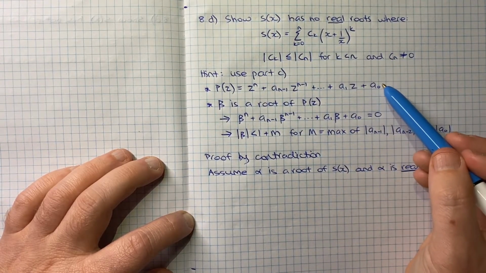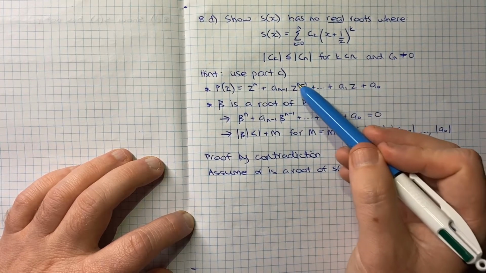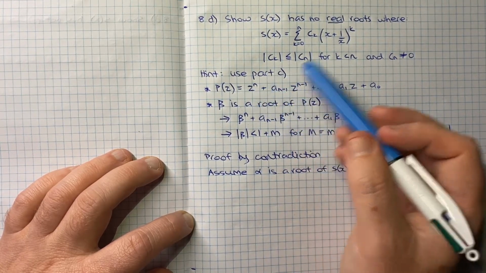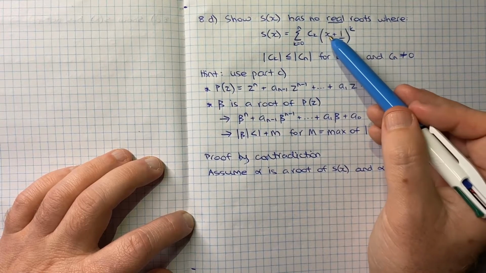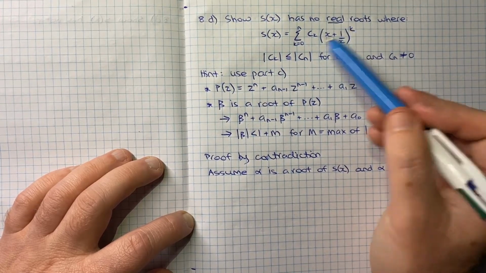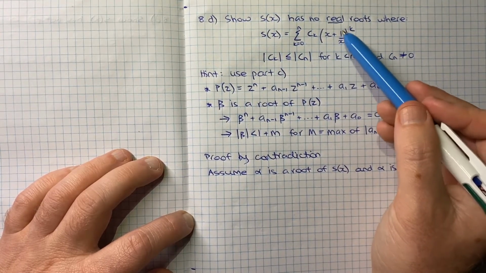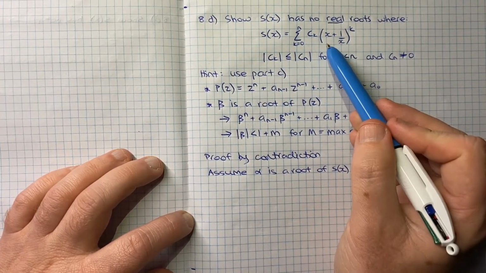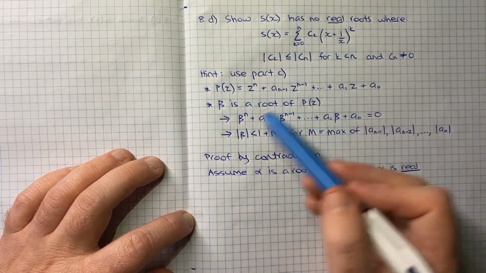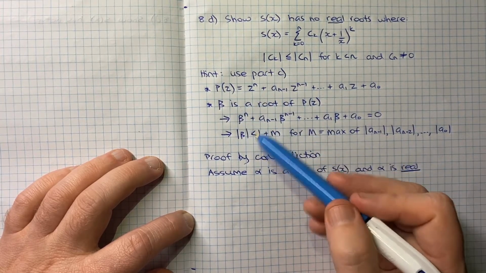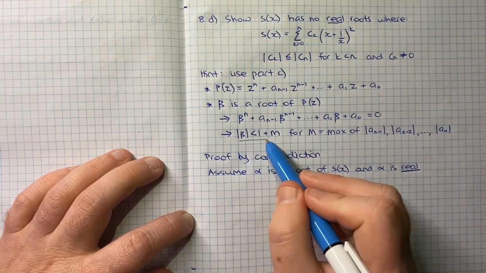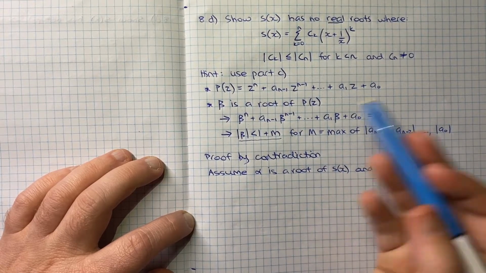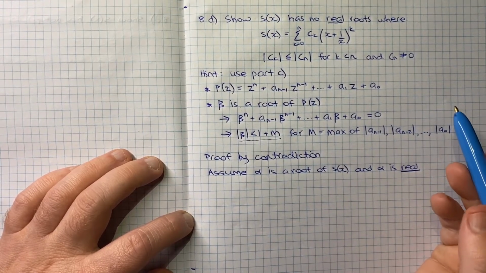Here we've got z to the 0, z to the 1, z to the n minus 1, and so on up to z to the n. Here we've got the same thing, it's just x plus 1 on x to the 0, then to the 1, and so on up to the n. So if we can create that direct link, we'll then be able to make use of these results, and in particular this one here.